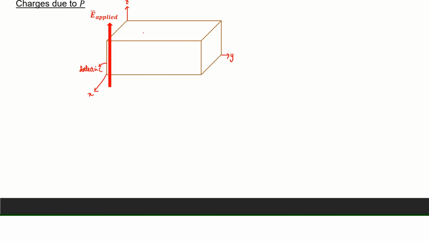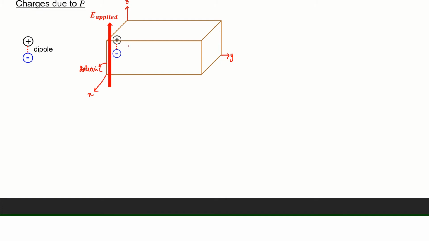Since there is an electric field applied to this medium, there is of course a dipole inside this medium, positive and negative. The negative will be positioned at the bottom because the electric field is applied in this direction. If the electric field is applied the opposite way, the dipole will also be in the opposite way.